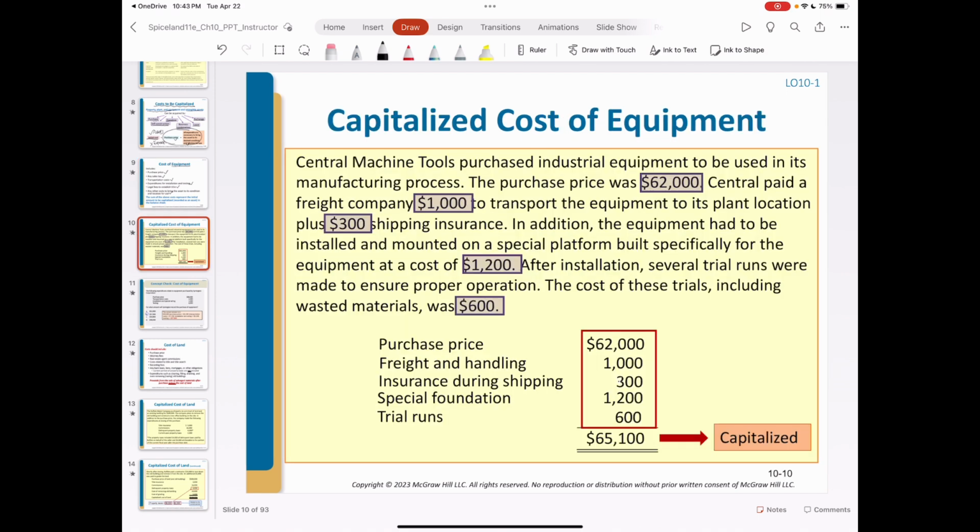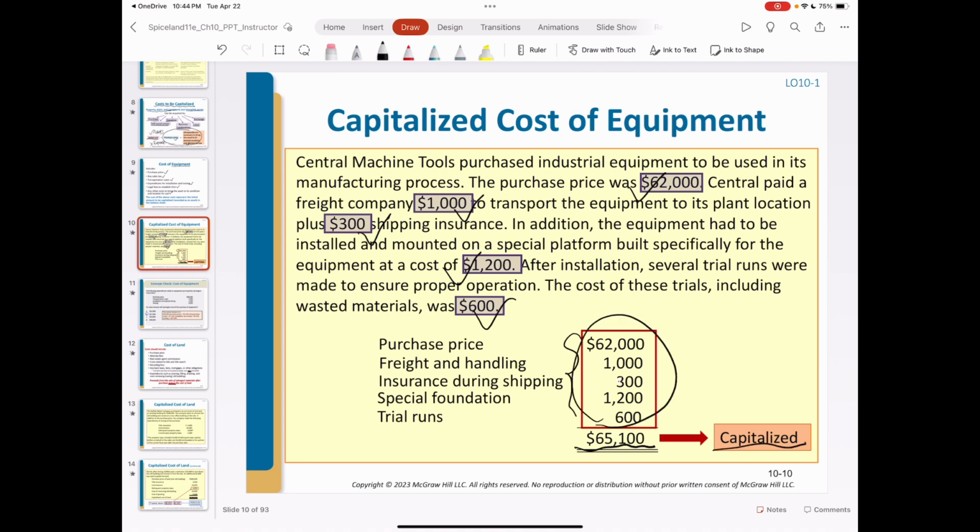In this slide, we are given 5 costs, 5 numbers. One is the purchasing price, freight cost for transportation, shipping insurance, installation and mounting cost, and the cost of the trials. These costs are all necessary, so we will record the sum of them as the initial book value of these assets.